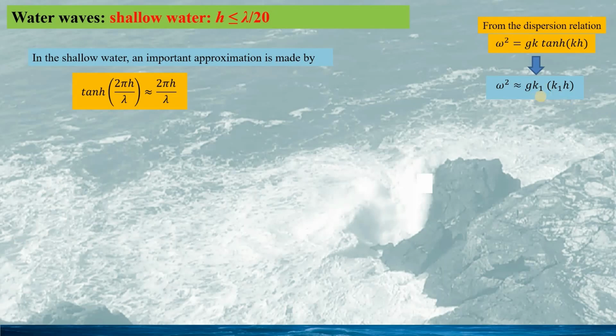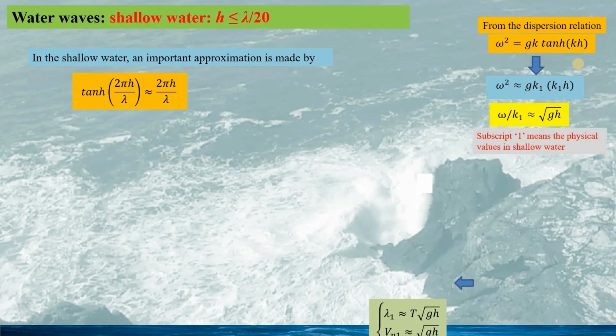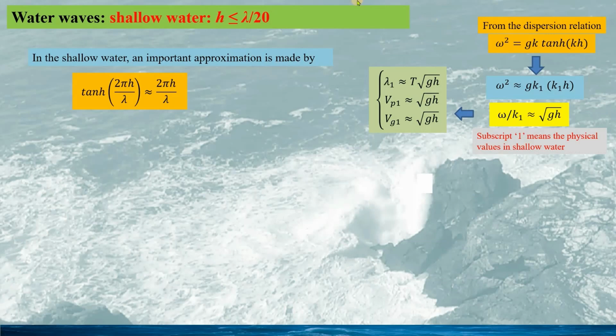Here, the parameters with the subscript 1 indicate the parameters in shallow water. We can see the wavelength is proportional to the wave period, and the phase and group velocities are the same. Both are constant if the water depth is given.